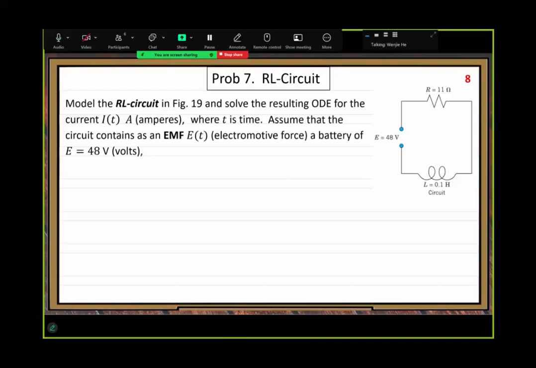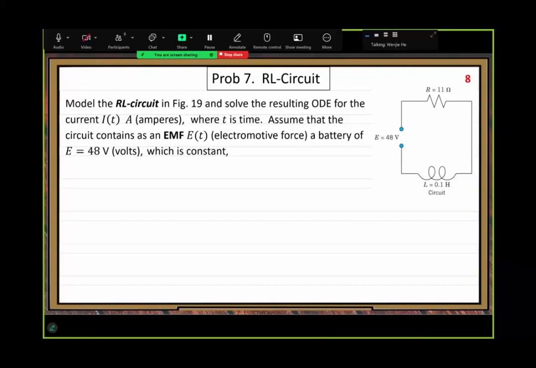The general EMF E of t is a function of t, but in this question it's a constant, 48V. But in other questions, you may get a function, so it may not be a constant.